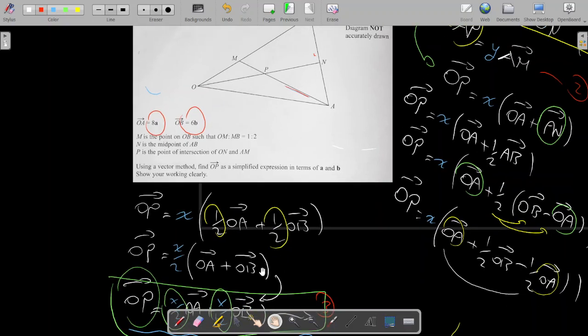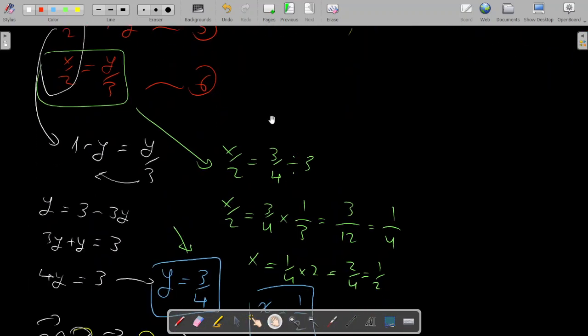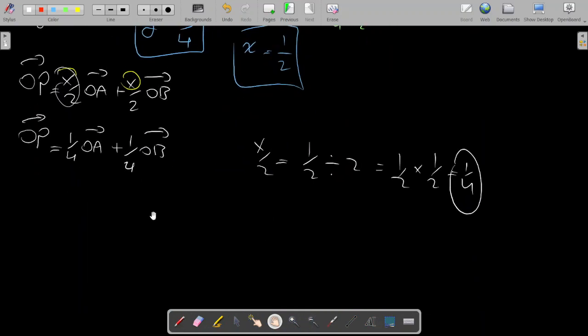So we're going to take these values, and we will say that OP is equal to a quarter of OA, and we said that OA is equal to 8a, plus a quarter multiplied by OB, and OB is equal to 6b.